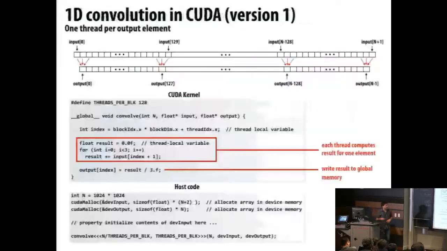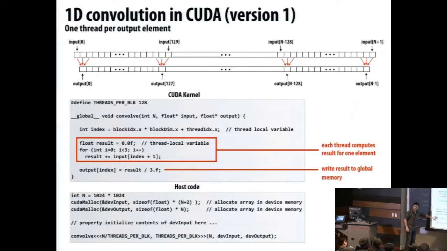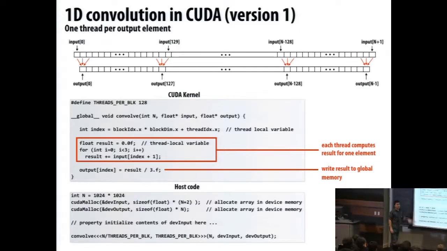So let's write this in CUDA. Let's start down here, with the top level stuff. We allocate the input array and the output array. Here I decided to make that array 1,000,000 elements in size. Then we're going to call our kernel, which is called convolve. I chose, and I'm not going to tell you why just yet, 128 threads in a block.